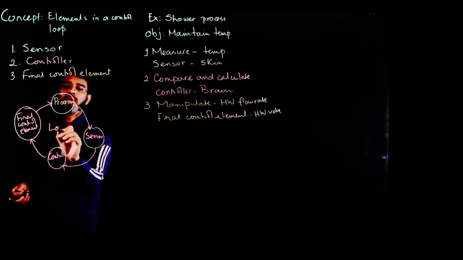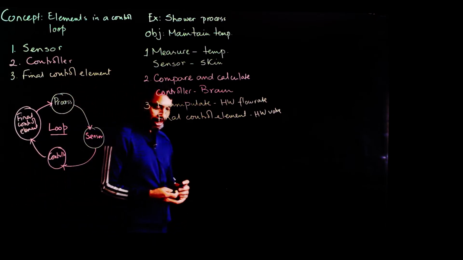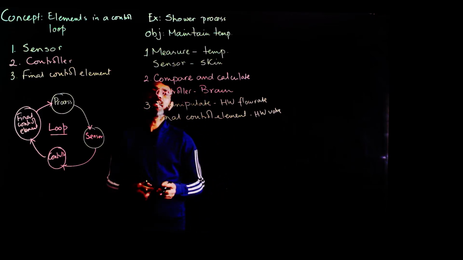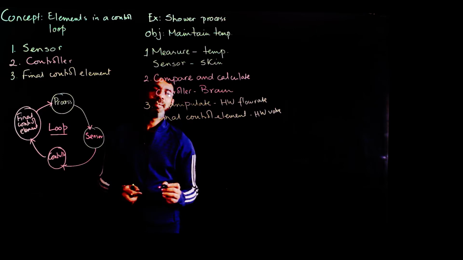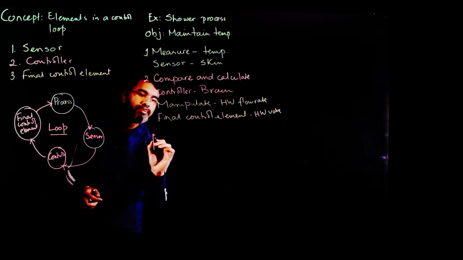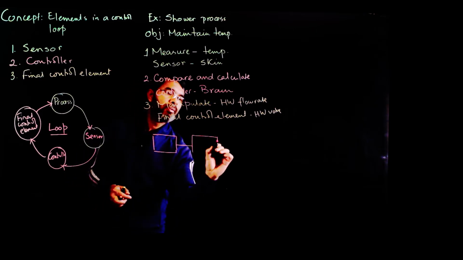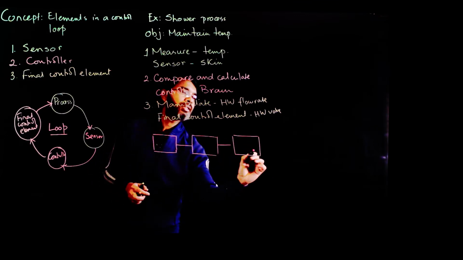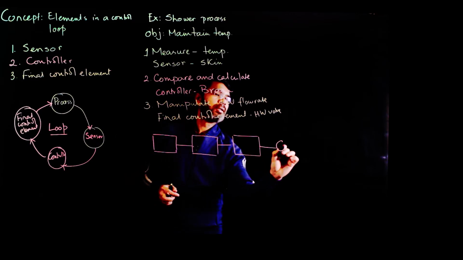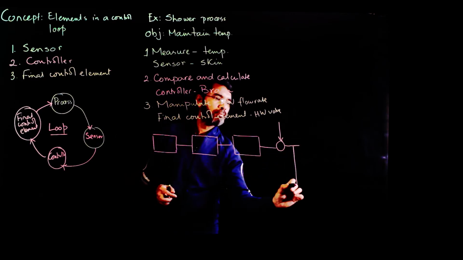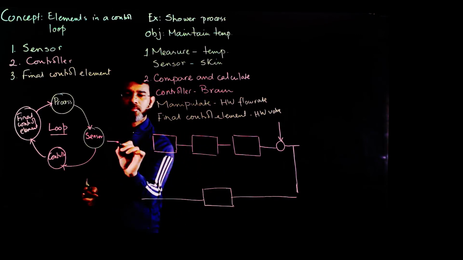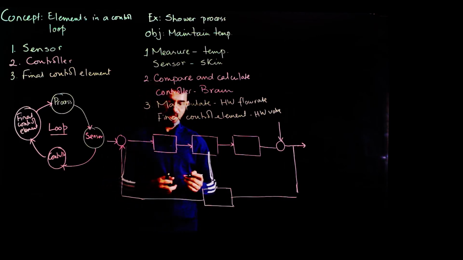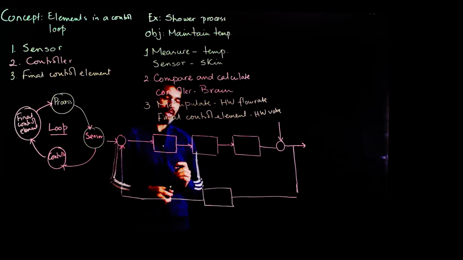So, control loop. Now we have seen the standard form of a feedback control diagram. We had controller, valve, process, disturbance. So for the shower process, what do we have here now?